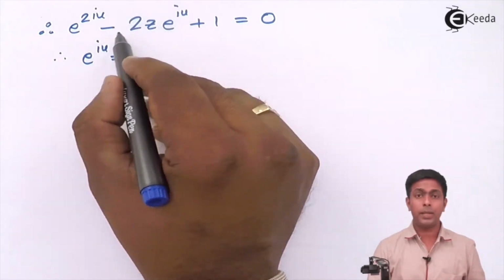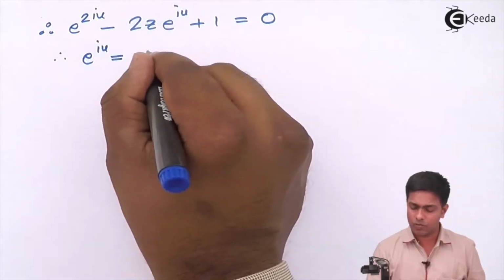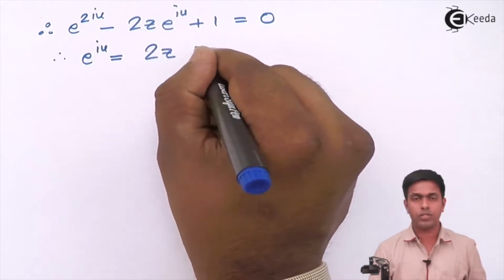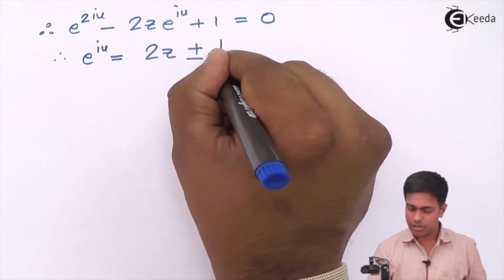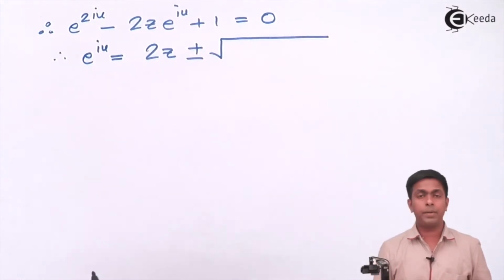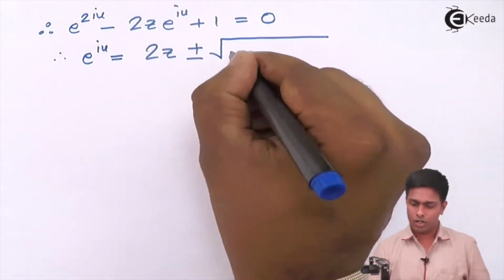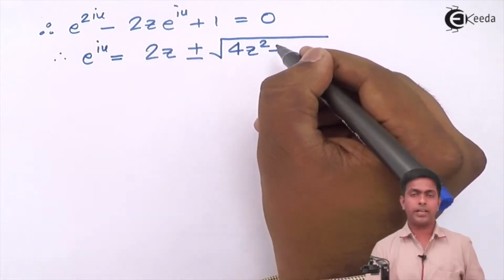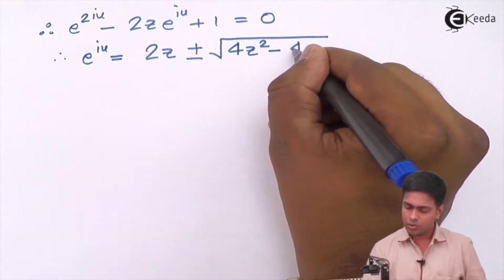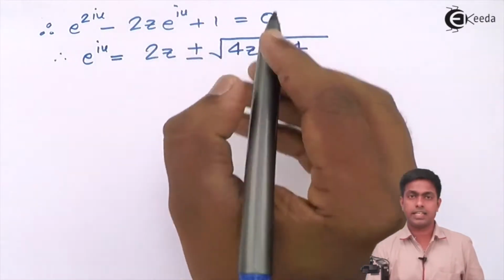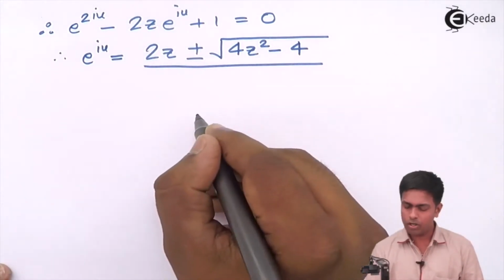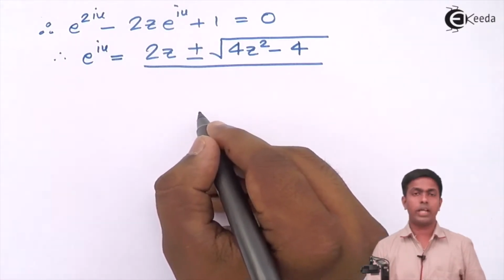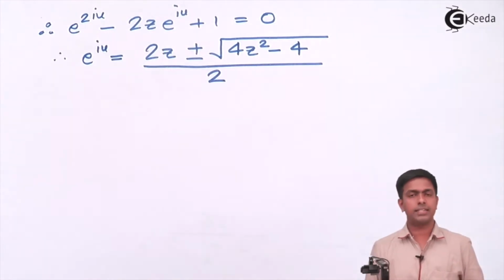So b is negative 2z, minus of that is positive 2z, plus or minus root of b square. So square of 2z is 4z square minus 4ac. So 4a is 1, c is 1, upon 2a. So 2 as it is.